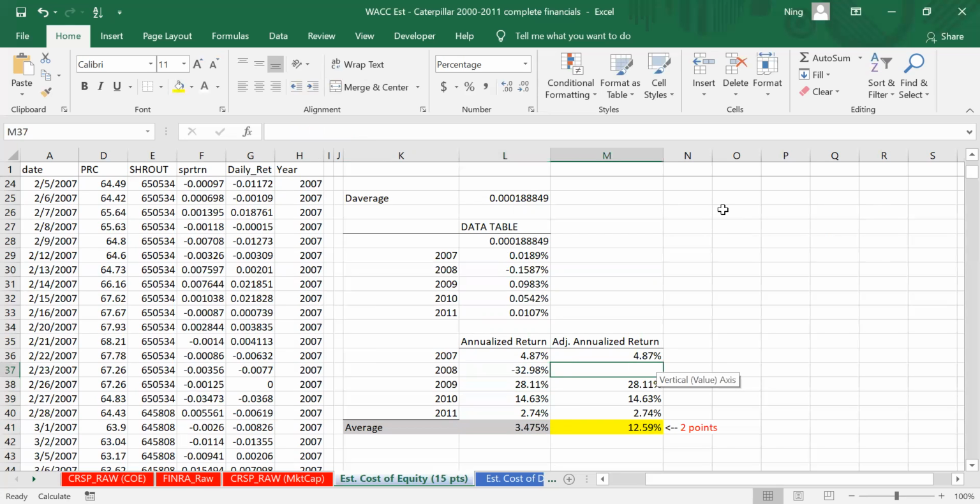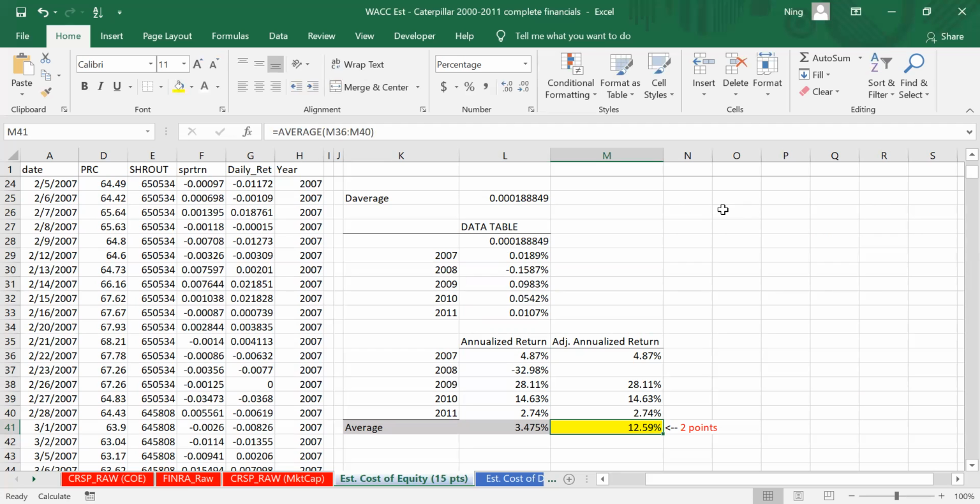By excluding this outlier and recalculating the average annualized return, we computed 12.59%. And this is more in line with our expectation for broad market stock return, which is roughly around 10%. If you use the historical average annual return for S&P over the past 50 years, that's roughly 10%. So if your estimated annualized market return is between 9% and 13%, that's more in the ballpark.